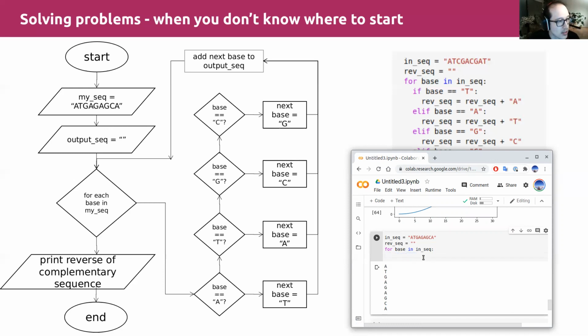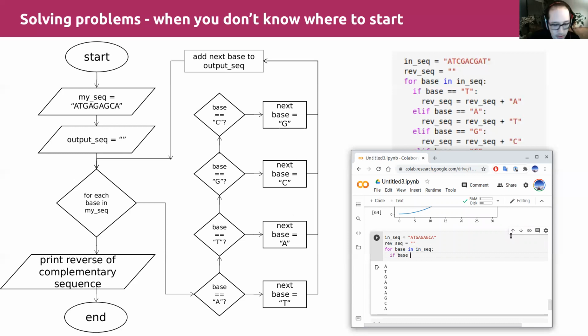What we want is to perform this part of the diagram here, right? We're going to perform a conditional check. We want to know, is the base equal to A, or is it T, or is it G, or is it C? And in each case, we're going to perform a different operation. So let's do that.